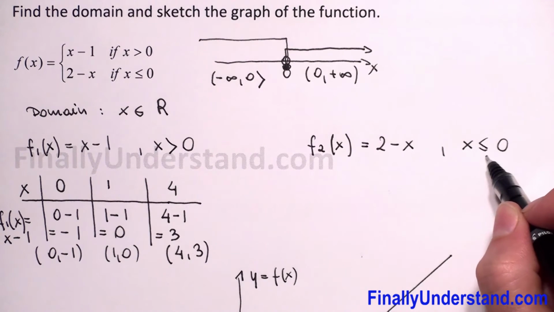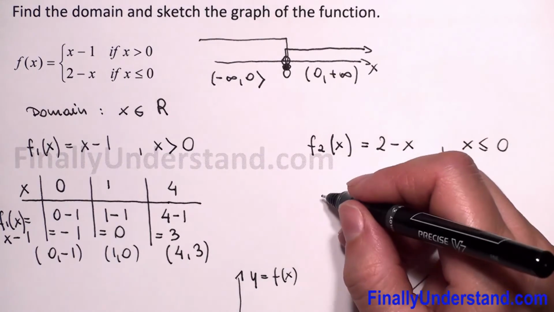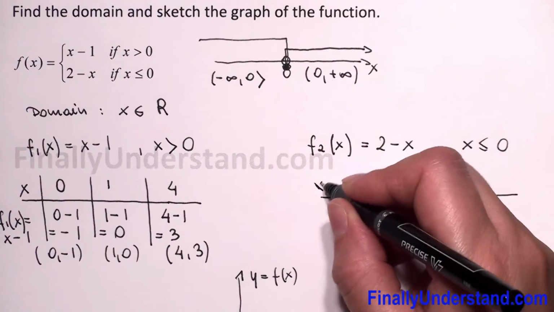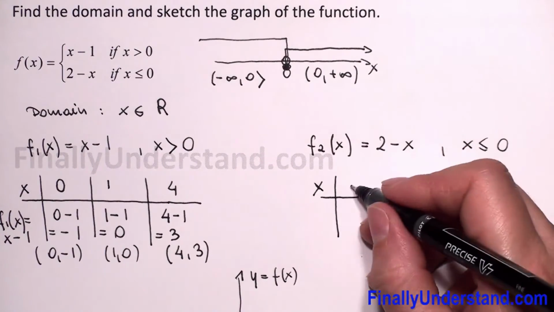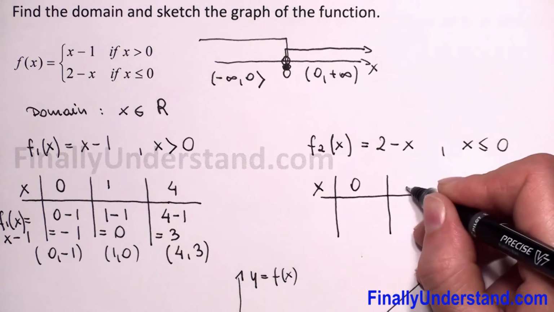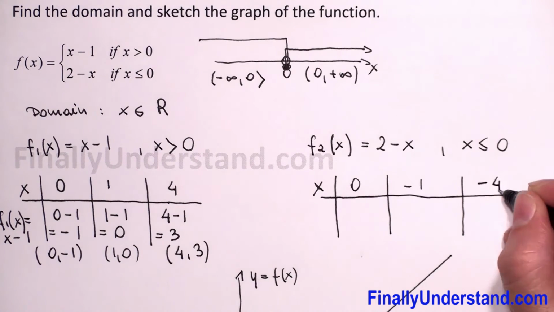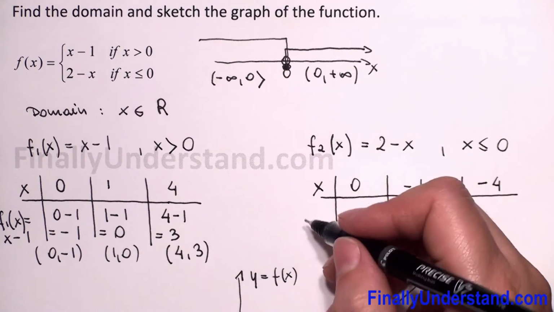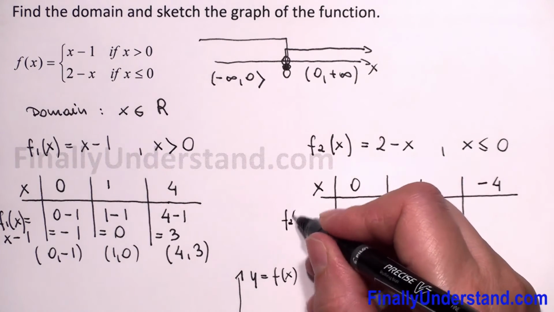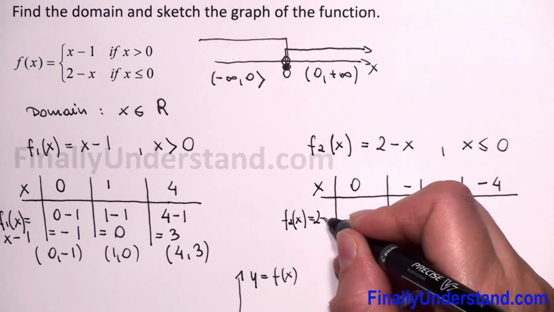And now we have to draw the second function, we have 2 minus x. X must be less than or equal to 0. So let me choose 3 values: x equals 0, negative 1, negative 4. So f2 of x is equal to 2 minus x.